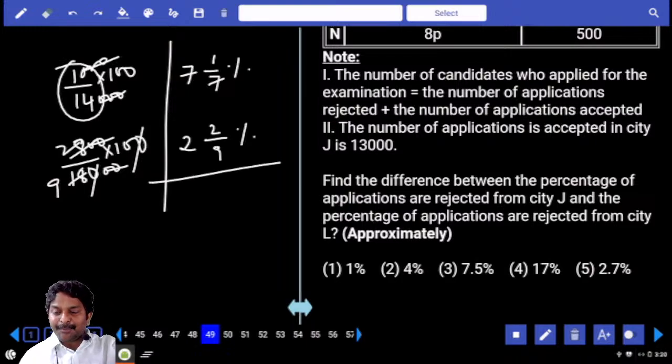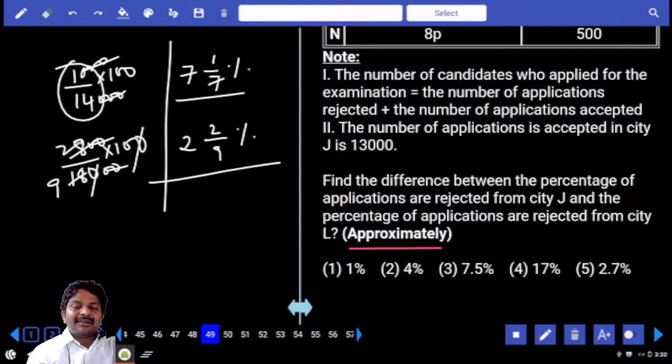Answer is approximate, right? 7 1/7, 2 2/7, approximate. It should be 4 point something. We were asked to calculate the difference.